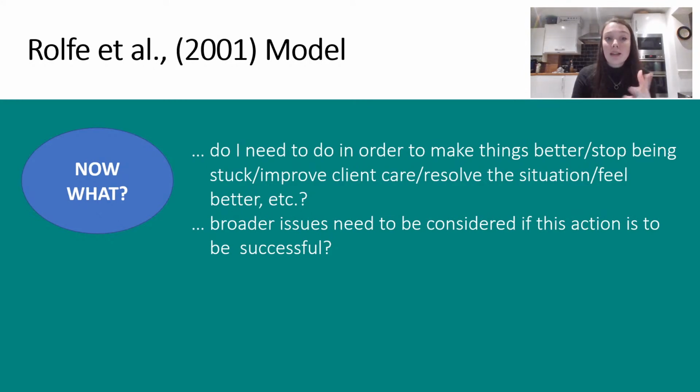So one of the things I could learn from this reflection might be that what I need to do to make things better is to provide this support for my clients, because it's such an essential thing that they need. They don't have any other access to money, and what can you do without money nowadays? Nothing. So it would have made such a difference to those clients to feel like they had someone in their corner.